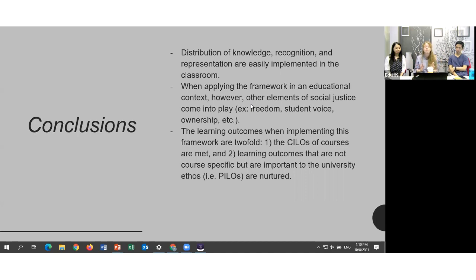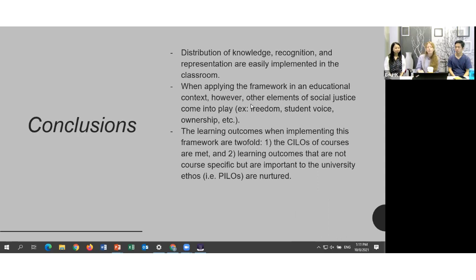That's not an issue. The other learning outcomes are the unintentional learning outcomes, or the byproducts of the framework, which is what Linnie was talking about. When you talk about knowledge generation, you talk about practicing critical thinking and cognitive development.